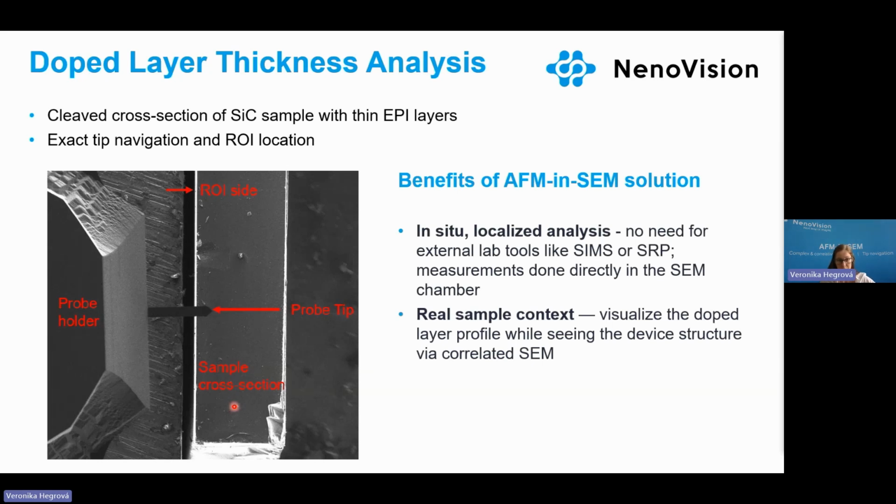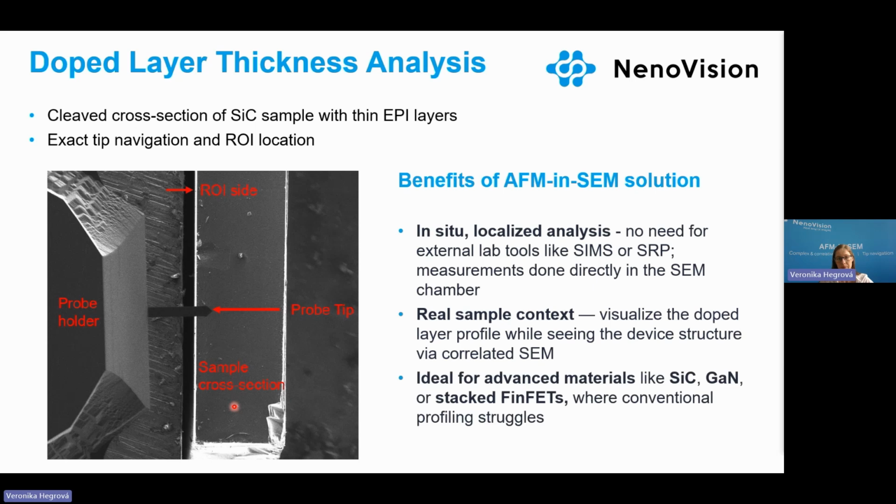We can visualize the doped layers using the SSRM technique and correlate it with the SEM. And this is ideal for advanced materials such as silicon carbide, gallium nitride, or for instance stacked FinFETs, where conventional profiling struggles.